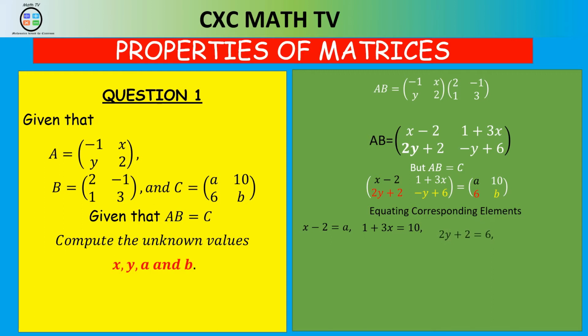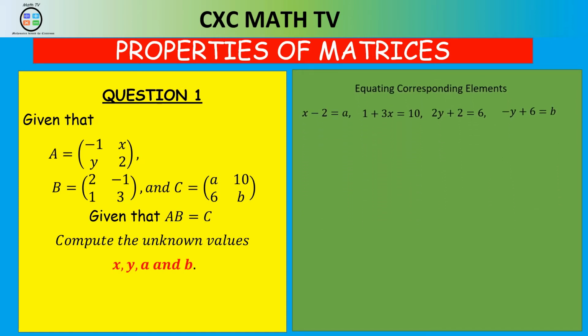Likewise, 2y plus 2 will be equal to 6. And minus y plus 6 is equal to b. From that, we're going to have 4 equations to solve.